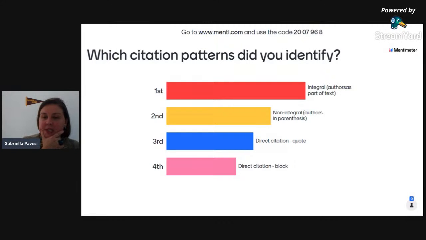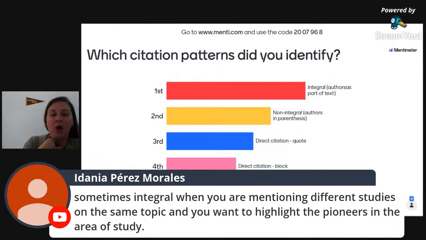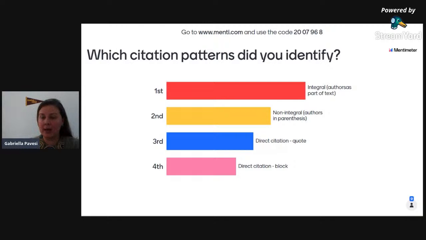There was a comment saying that sometimes you use integral when you are mentioning different studies on the same topic and you want to highlight the pioneers in the area of study. Yes, integral, non-integral, absolutely, Idania. It also depends on how many studies you have, right? There's another item that adds to the decision-making process. If you are paraphrasing a result or an argument that different studies have reached, and you have several authors to cite, very rarely you're going to see it as an integral part, right?